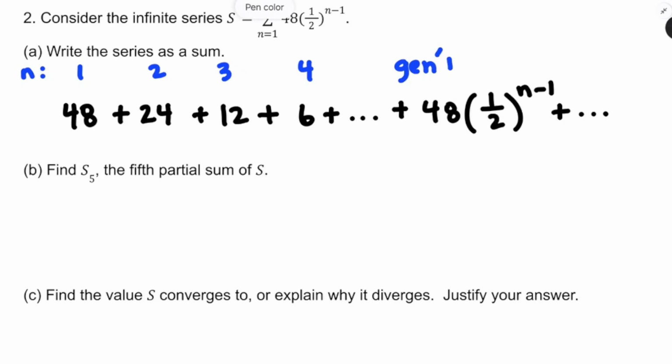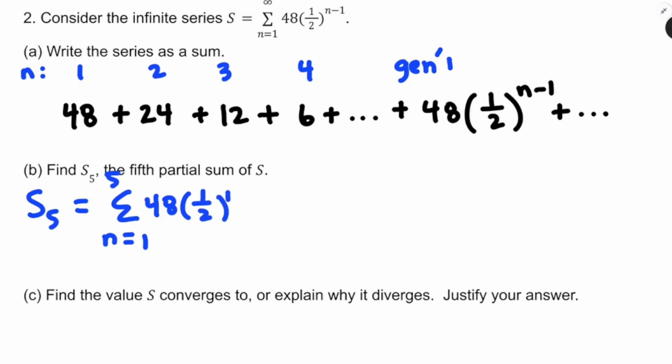And so I would say that S5 equals the sum as n runs from 1 to 5 of 48 times 1/2 to the n minus 1, right? What's important there is that that's the fifth partial sum.